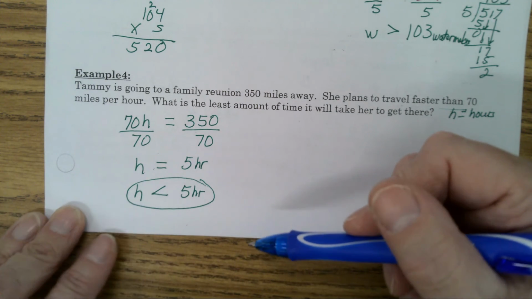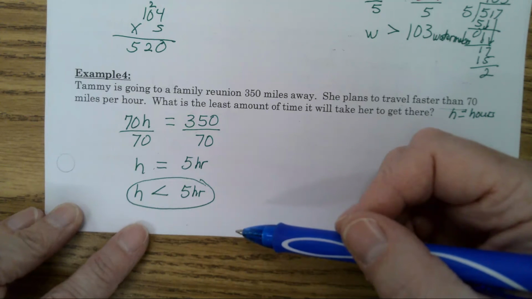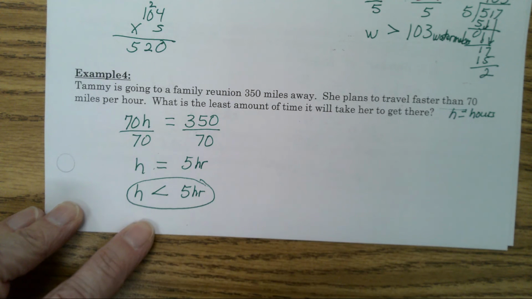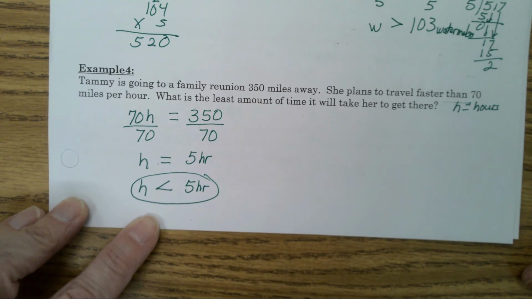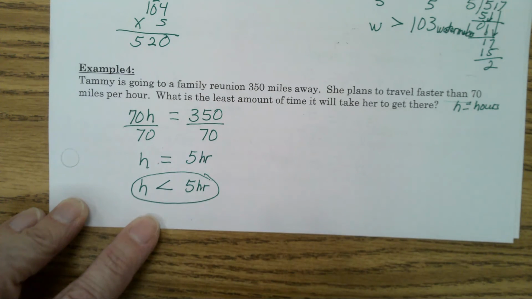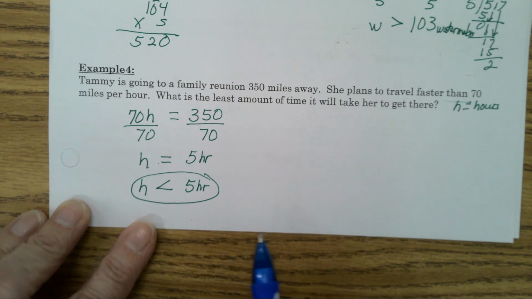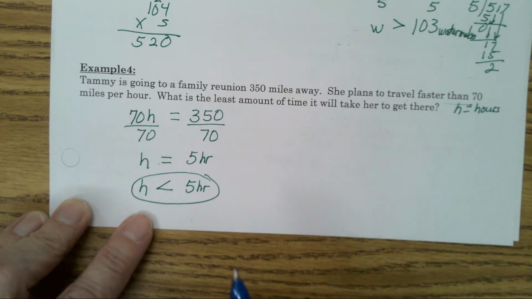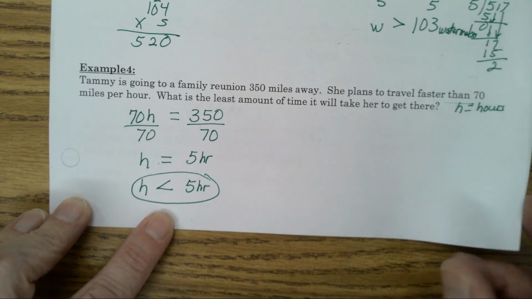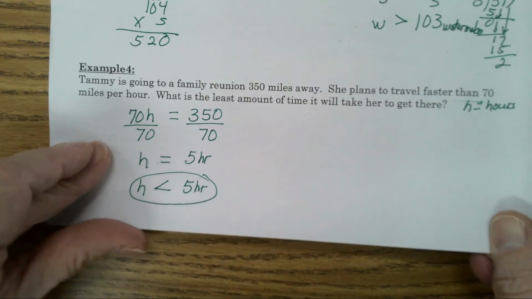So she's going to get there in less than 5 hours. If she goes at 70 miles per hour, she'll get there in 5 hours. But if she goes faster than 70 the whole time, it will be less than 5 hours. Not equal to, just less than. And I think yesterday we might have said that it was equal to. So make sure you know it's only less than.